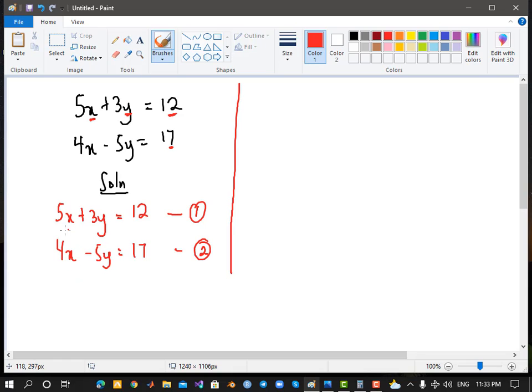So we want to solve for y first. We are using the elimination method, and from there we'll look at the substitution method. We are going to multiply equation 1 by 5 because we want to get rid of x and solve for y first.